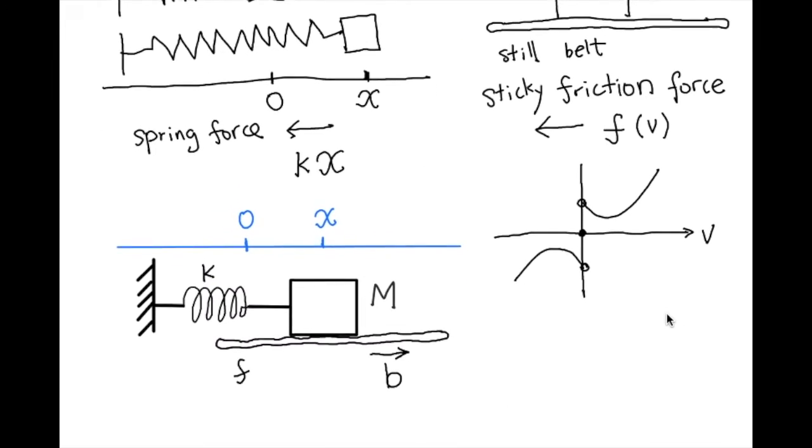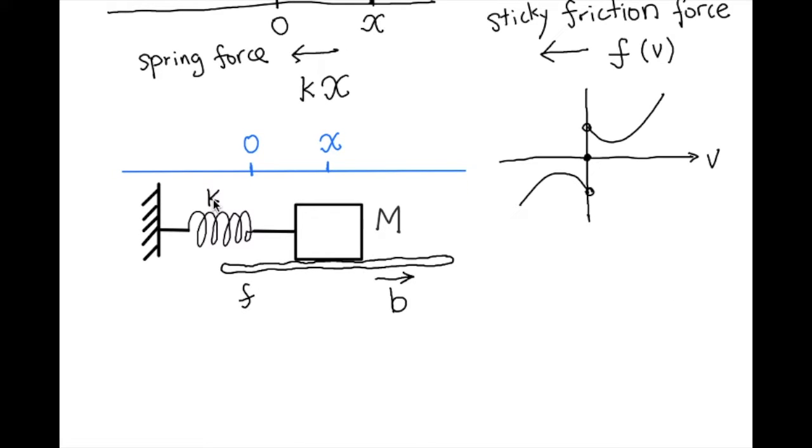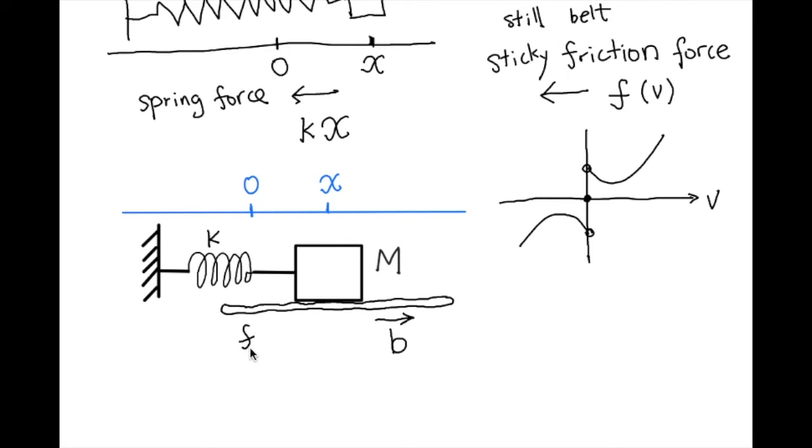Let's try to write down the differential equation of the system. Some known constants are the spring constant k and the mass m of the box, and the belt is moving to the right at a constant speed b, and the sticky friction is characterized by the function f, which is known.